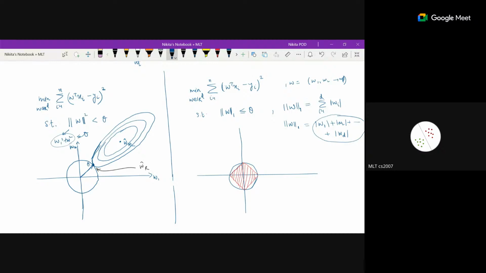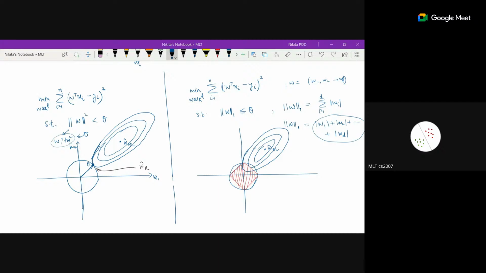So in lasso regression, we have this L1 norm. Again, we have this W hat ML, and we plot the contour.